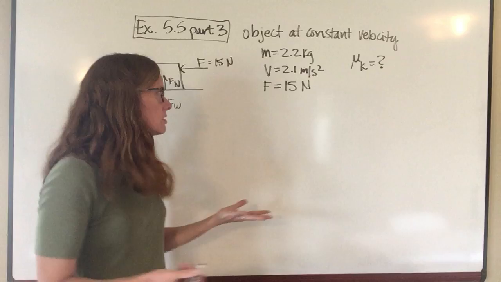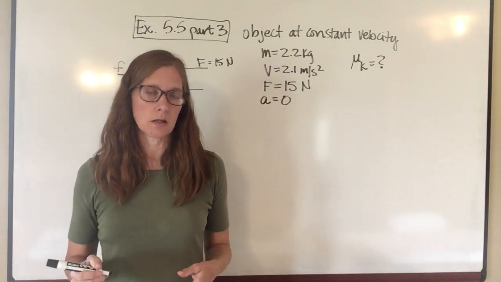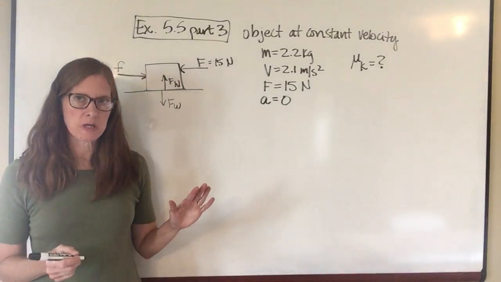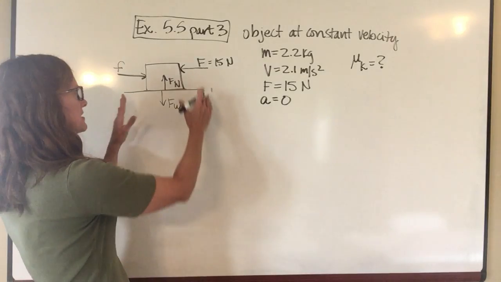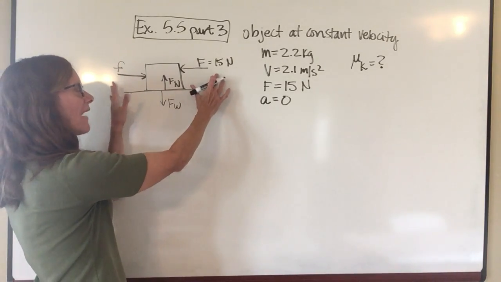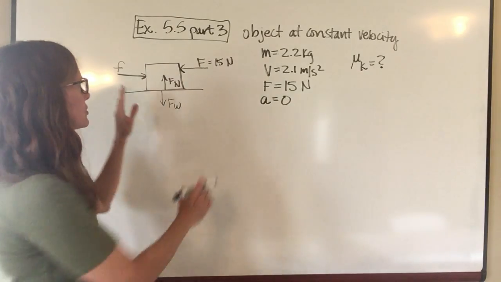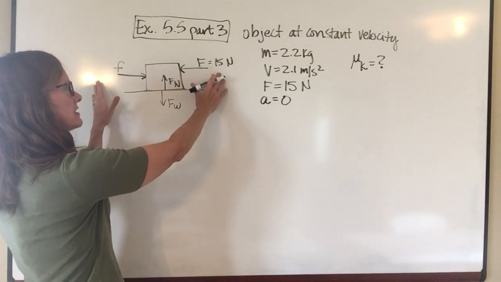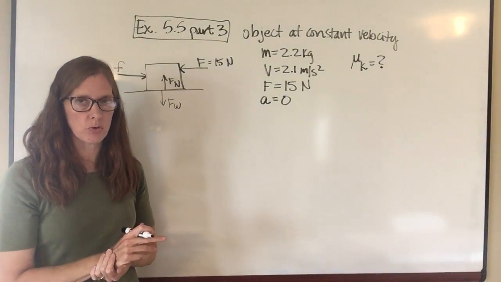Well, if velocity is constant, acceleration has to be zero, right? So what does that mean? Well, if there is no acceleration, that means that these forces have to be balanced with one another, okay? So if these forces have to be balanced, that means that the applied force has to be equal to the frictional force that's happening.